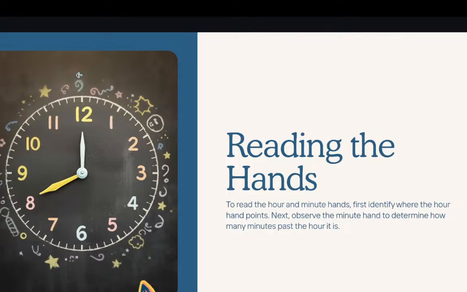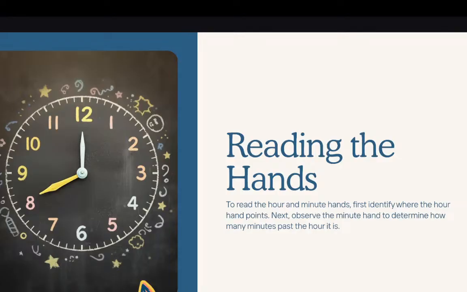When we read a clock, we always follow a simple two-step process. First, we look at the hour hand. The hour hand tells us which hour we are currently in. But remember, the hour hand is often between two numbers. When this happens, we look at the number it has already passed.